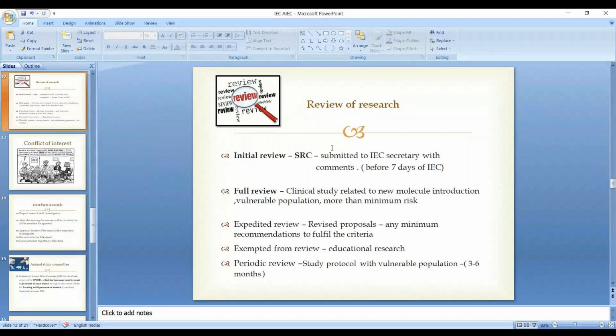Apart from that, whenever we are taking the meeting, first, conflict of interest is one most important part.